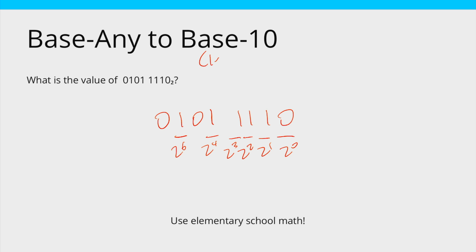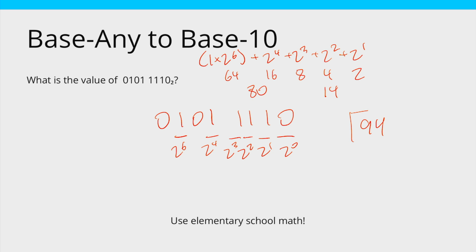I wrote the first one down for you just so you know that the pattern still exists. But for the other ones, I'll just do 2 to the 4, 2 to the 3, 2 to the 2, 2 to the 1. That is 64 plus 2 to the 4 is 16, 8, 4, 2, 80 plus 14. That is 94 in base 10.